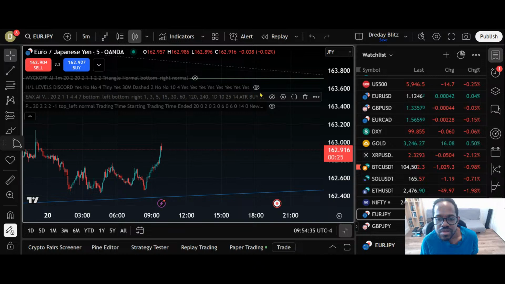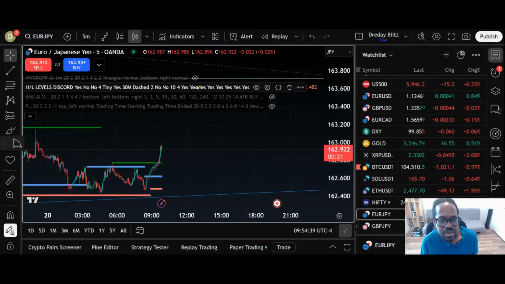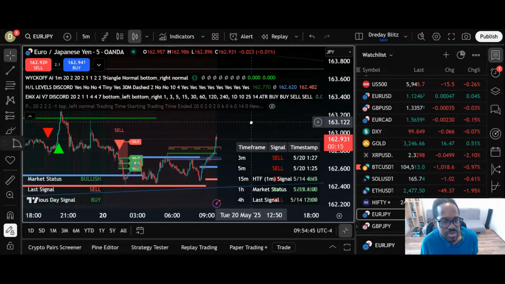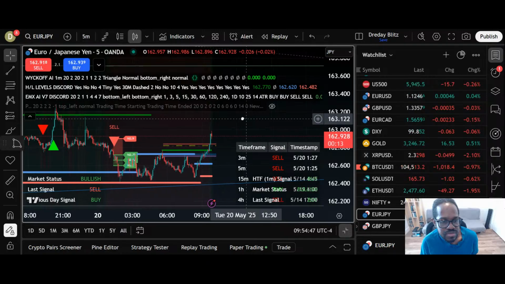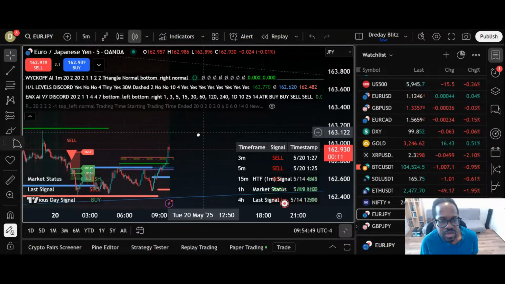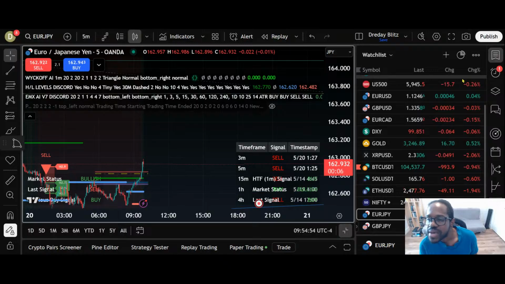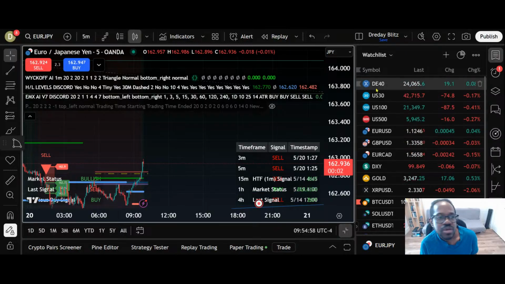All right, perfect. But I'm just gonna load the other indicators that we were using. So for EMX and Wyckoff, we don't have any buy yet, but it will come eventually.